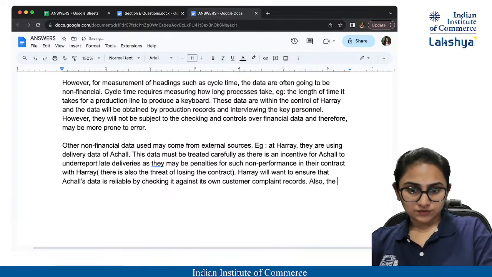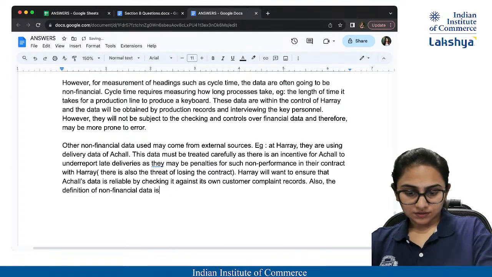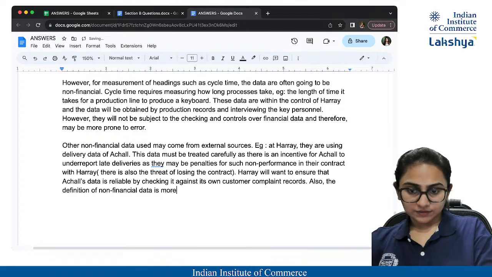Also, the definition of non-financial data is more subjective.